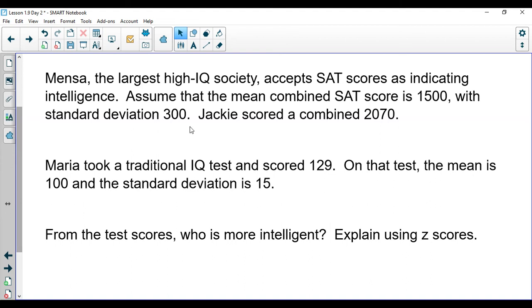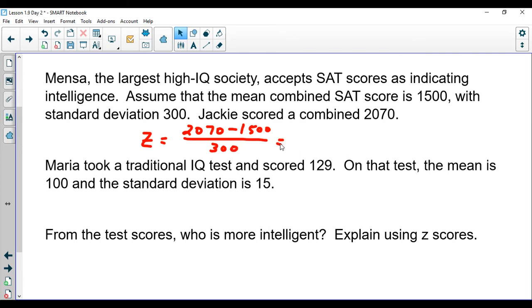Well, this again is where z-scores come in. So our z-score for the first situation: she scored a 2070. And I'm going to take away from that the mean, which they said was 1500. That then is going to be divided by 300. Now, be careful when you're entering this in.